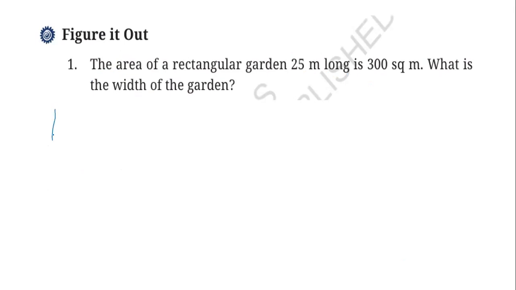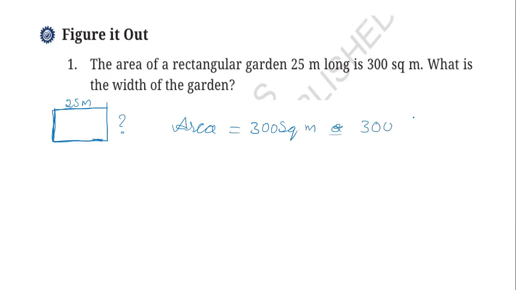They given one rectangular garden, length is 25 meter. We want to find its width. They given area is equal to how much? 300 square meter or 300 meter square.